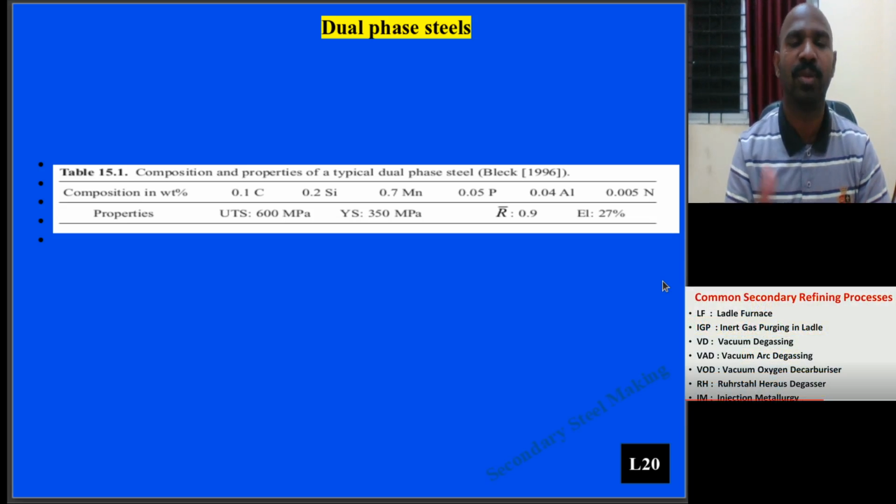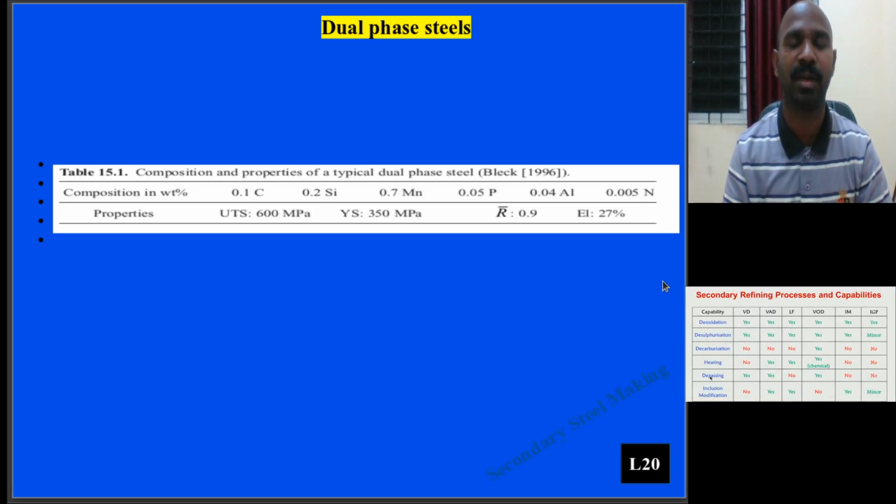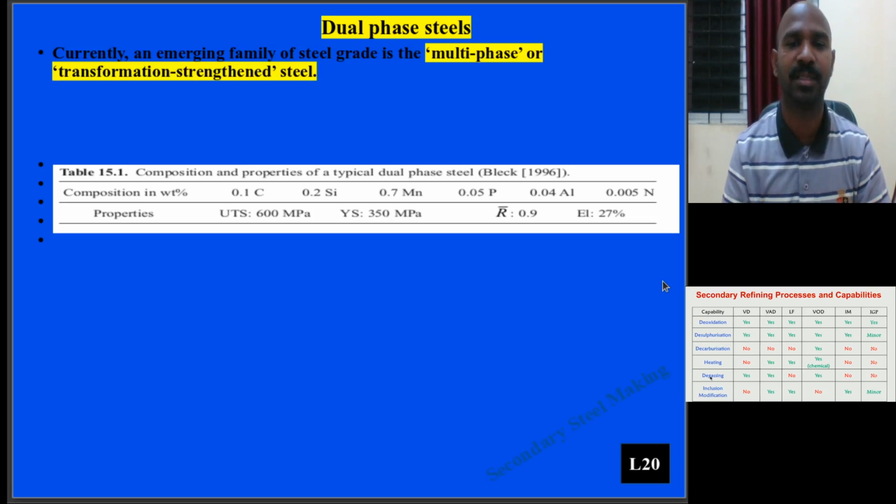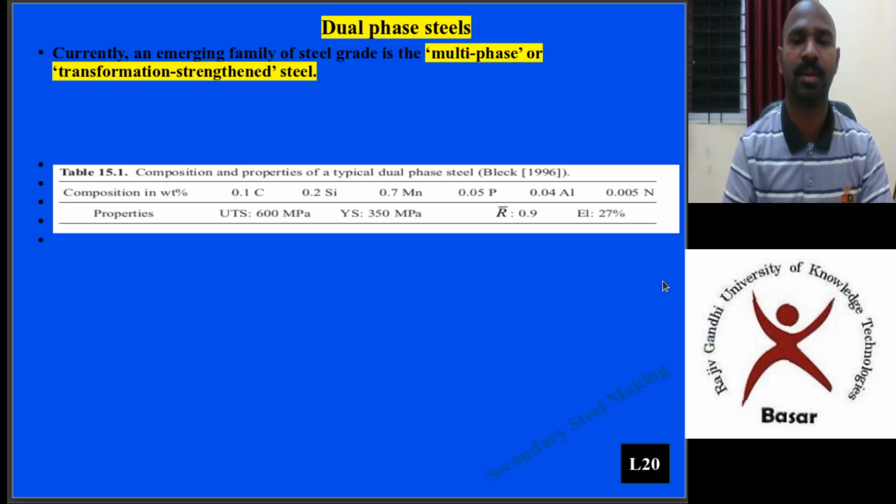Let me speak about one such steel, dual phase steel. The dual phase steel is nothing but it is the current emerging trend steel which is called multiphase, or the steel which was transformed into strengthened steel.